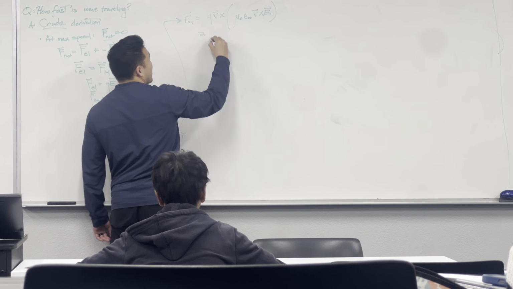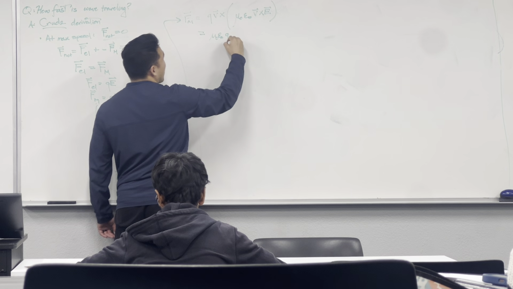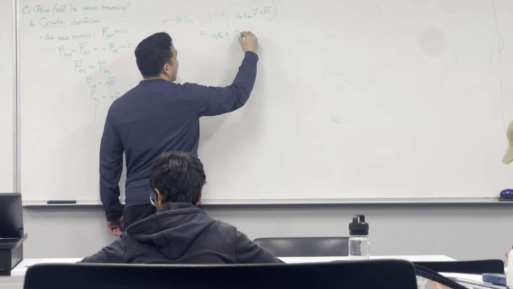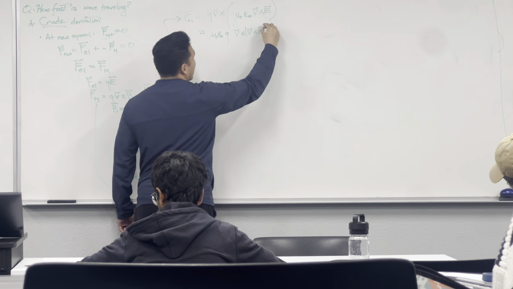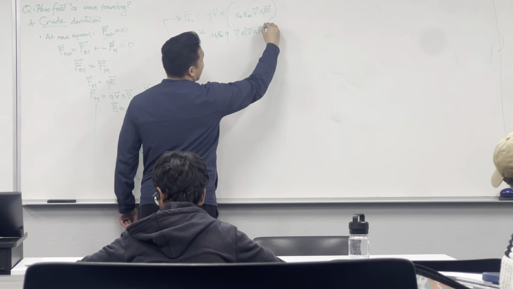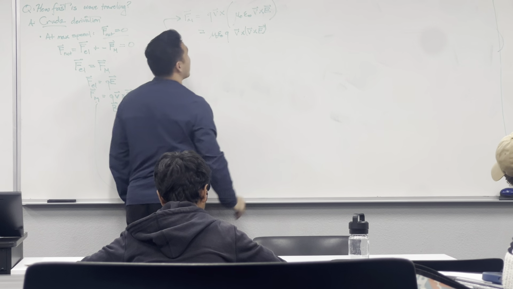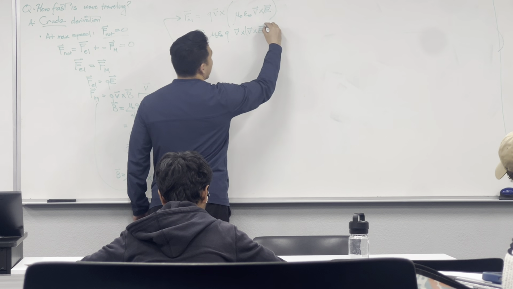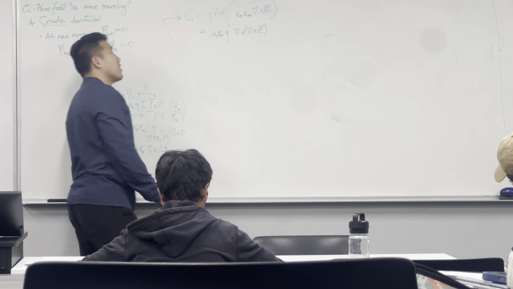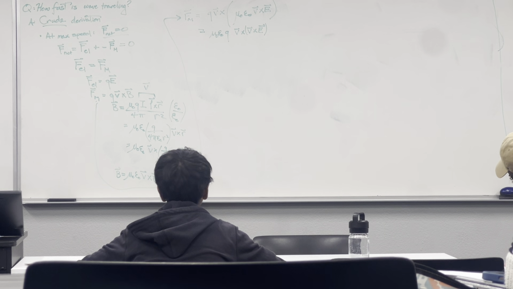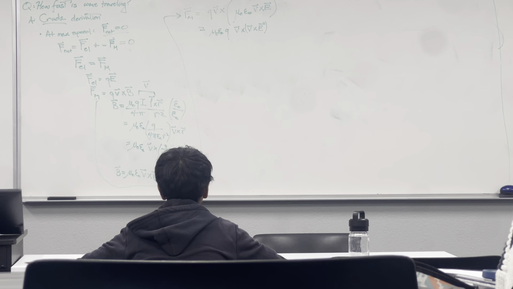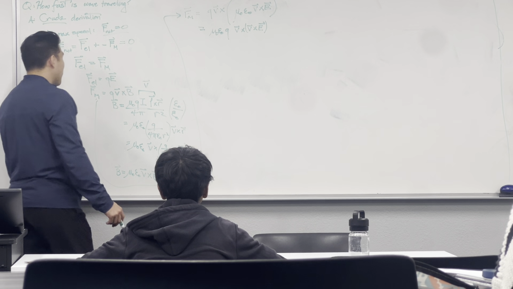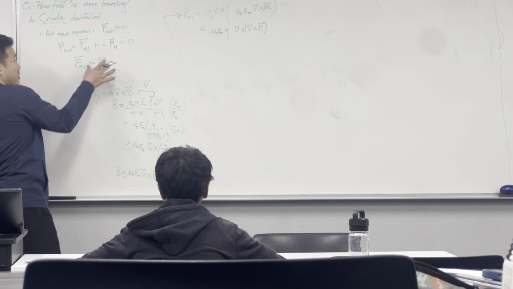We can take out the constant, so it's mu naught epsilon naught times Q V cross E. Alright, then we can plug it into this expression here.